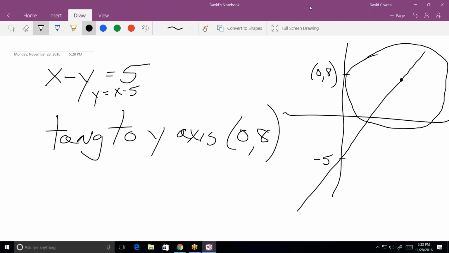Okay. No other way to draw that circle other than that way. Not if it is to be tangent to the y-axis and its center is on our line.